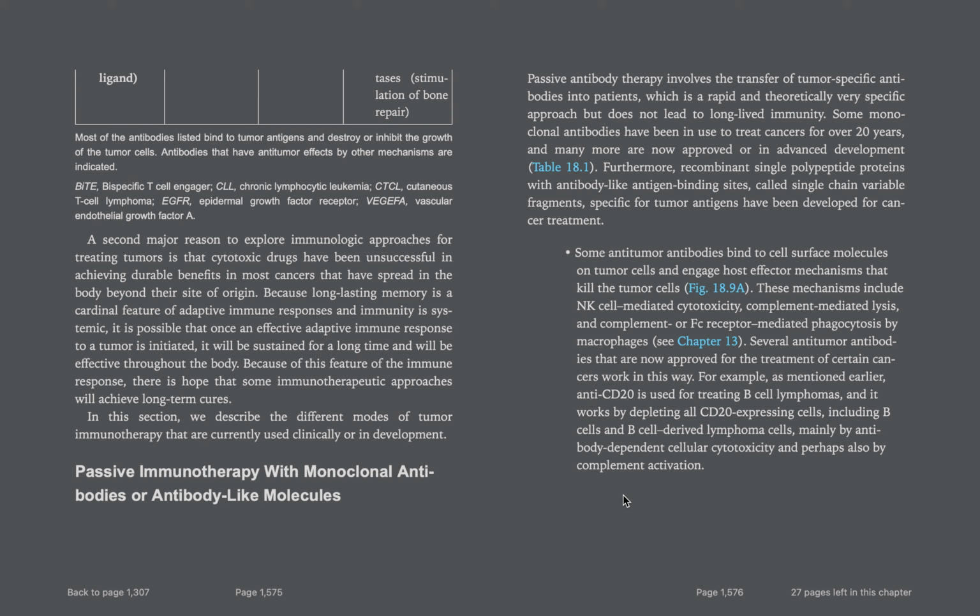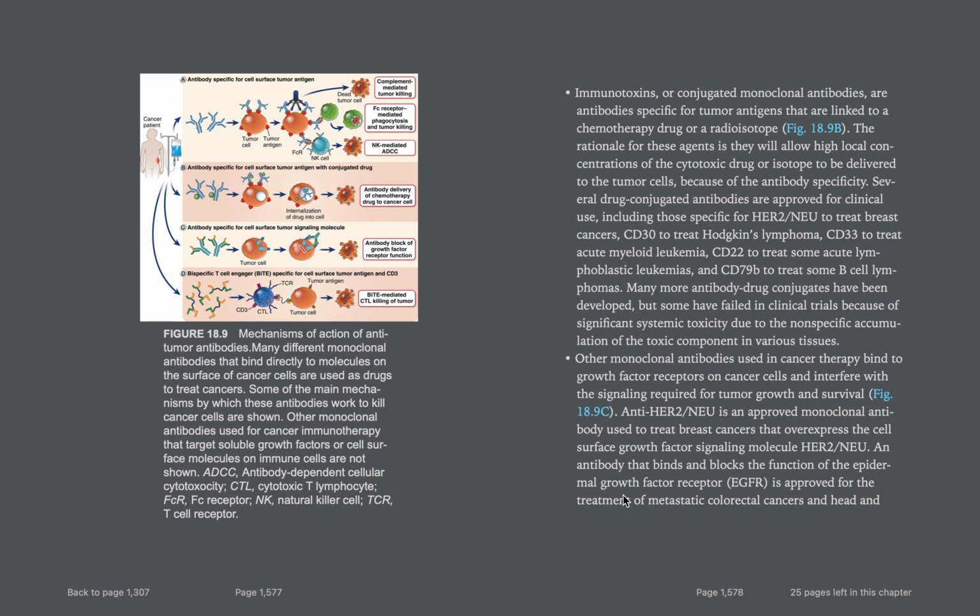For example, as mentioned earlier, anti-CD20 is used to treat B-cell lymphoma, and it works by depleting all CD20 expressing cells, including B cells and B-cell derived lymphoma cells, mainly by antibody-dependent cellular cytotoxicity, and perhaps also complement activation.